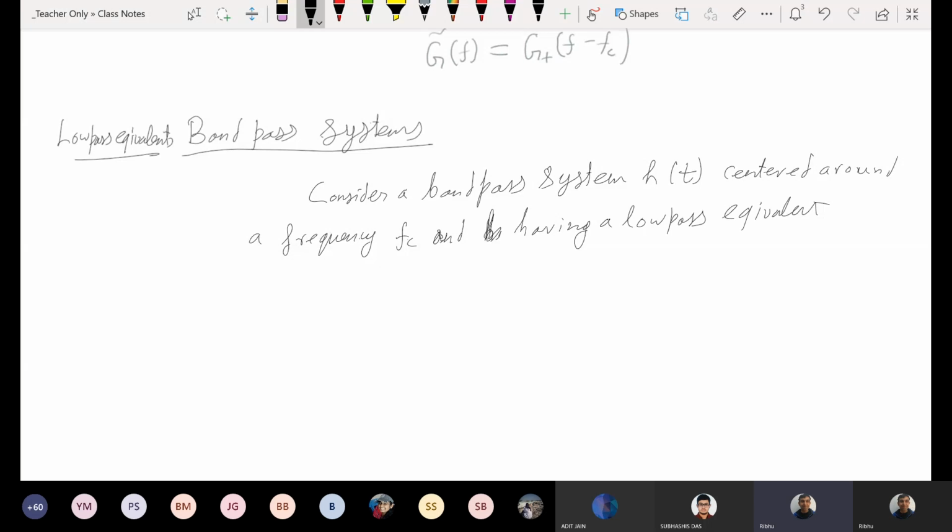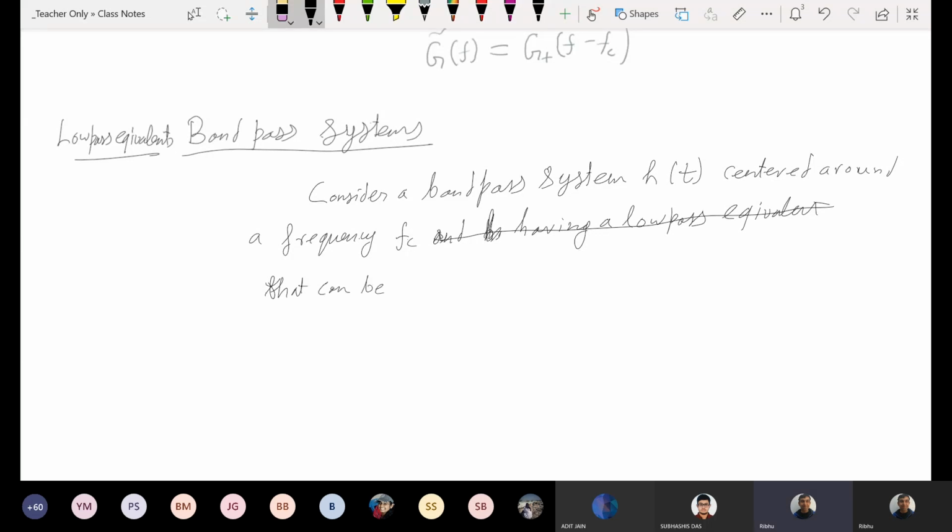Or let's not use the word low pass equivalent right now, because we'll see that the low pass equivalent of a system is slightly different from the low pass equivalent of a signal.